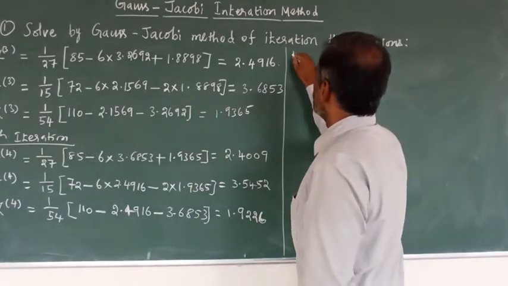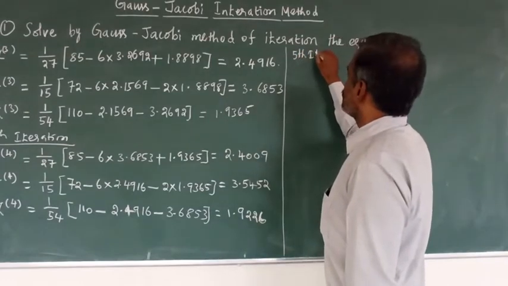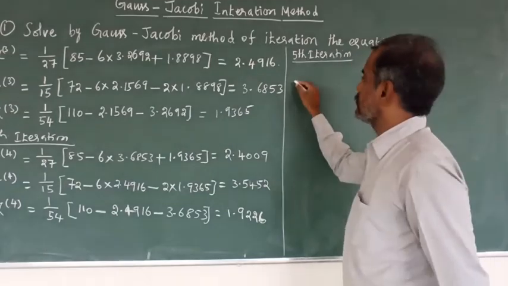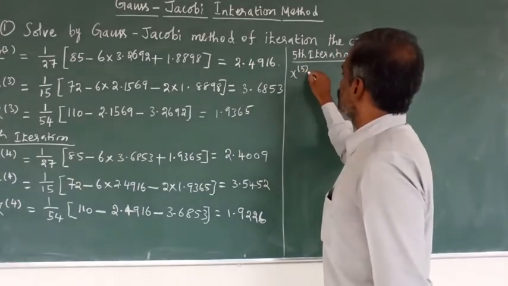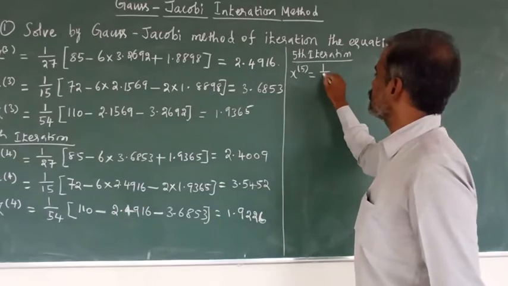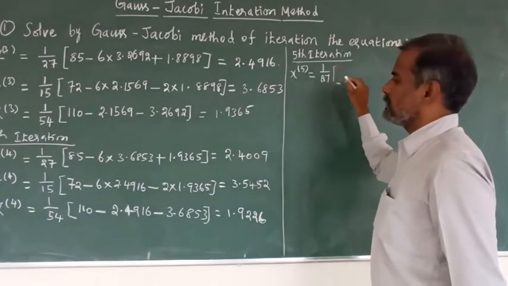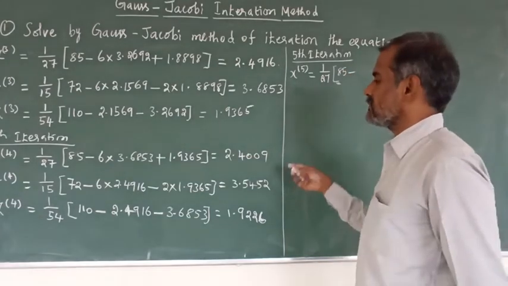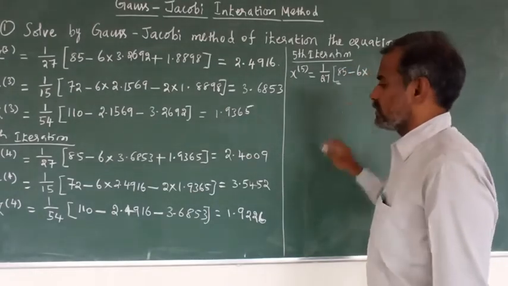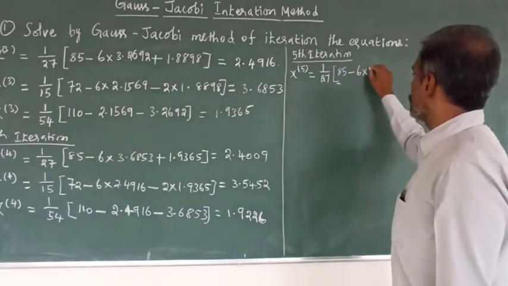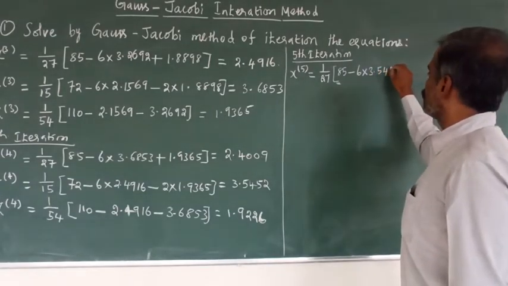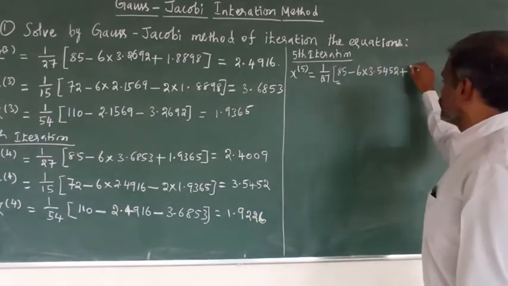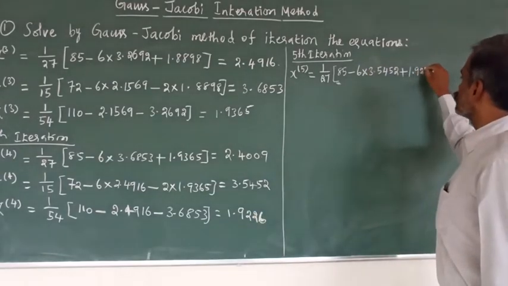Next, fifth iteration, x5 equals 1 divided by 27 within bracket 85 minus 6 into y value 3.5452 plus z value 1.9226.